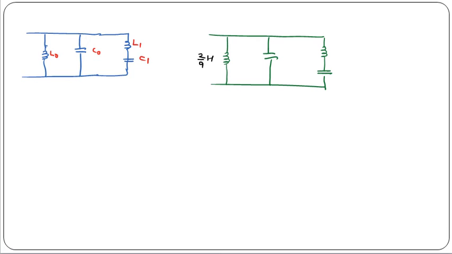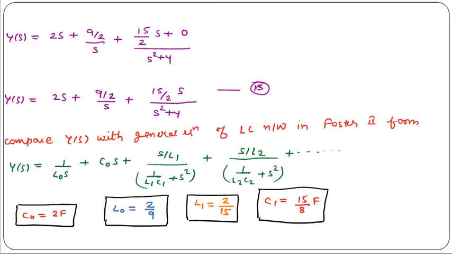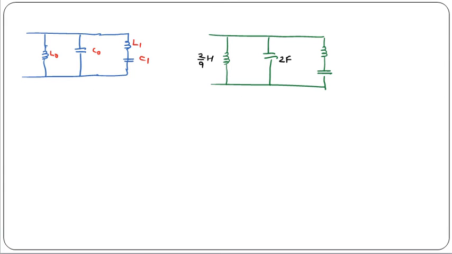Then L1 we have 2 by 15 Henry and capacitor value C1 is 15 by 8 farad. Okay, so this is the LC network realization using the Foster second form.